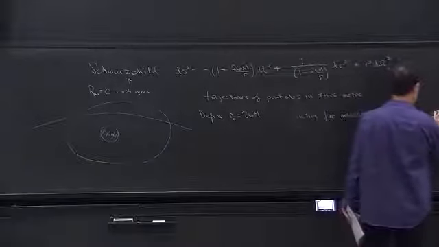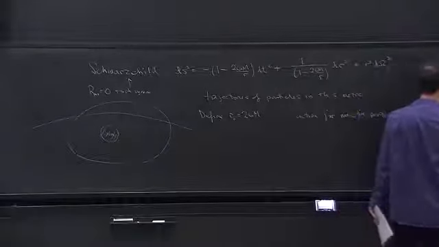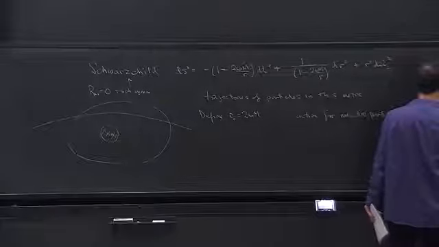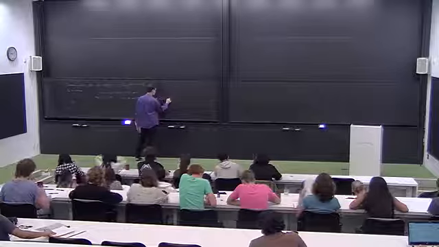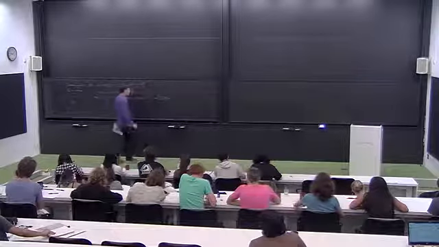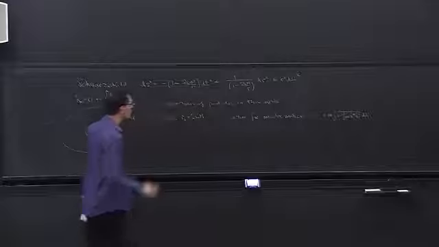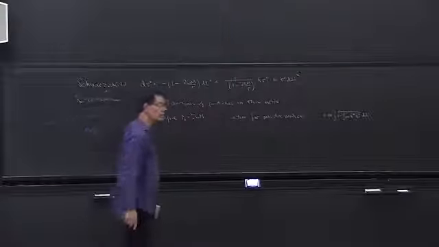is equal to minus m integral square root minus g mu nu x dot mu x dot nu d lambda. And that action gives the geodesic equation.